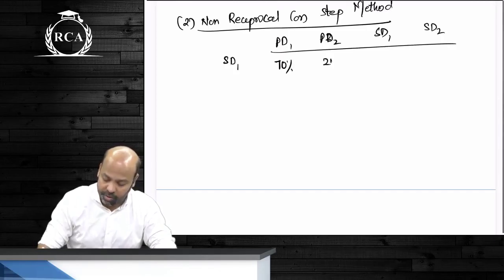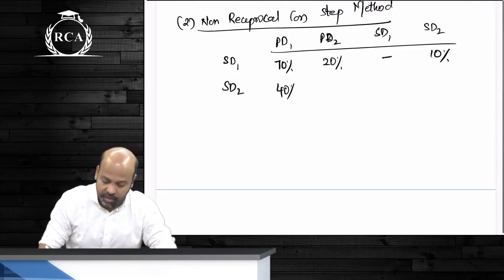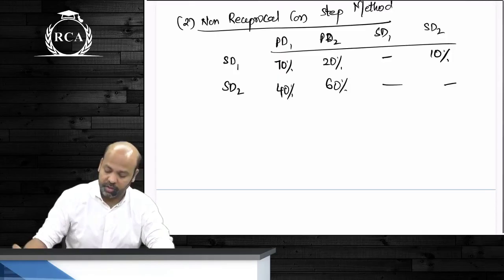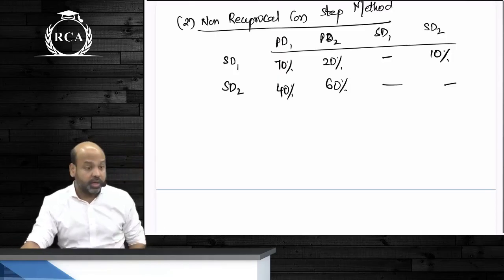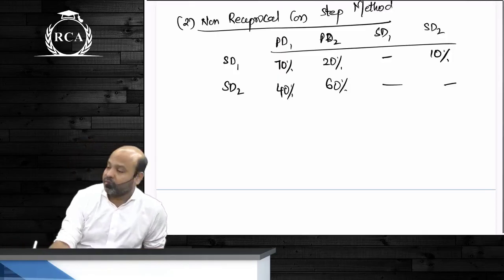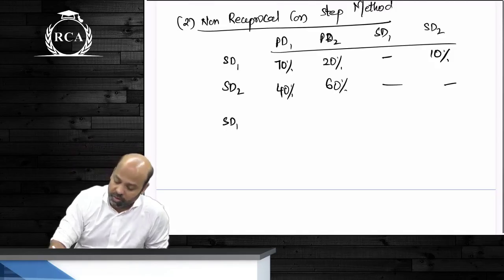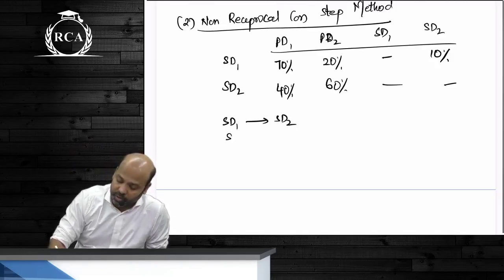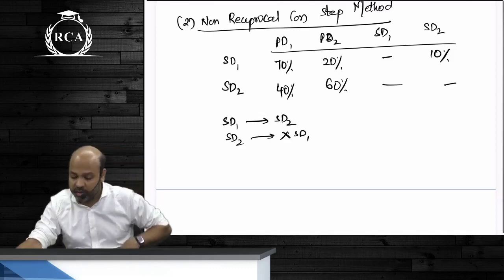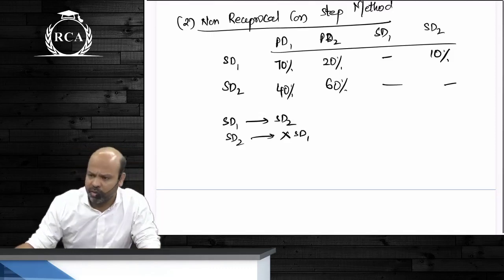Let's say beta this is 20% and this is 10%. ठीक है? And SD2 beta is, that will remain as it is because SD2 will not render service to SD1. So here beta if you see SD1 is rendering service to SD2. SD2 beta is not rendering service to SD1. That is why this will become non-reciprocal. हो गया उतना ही और कुछ नहीं है.